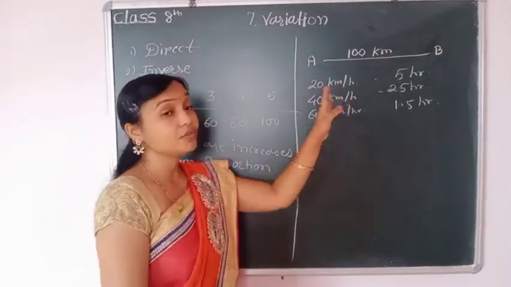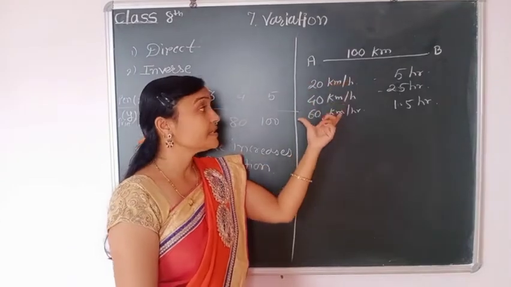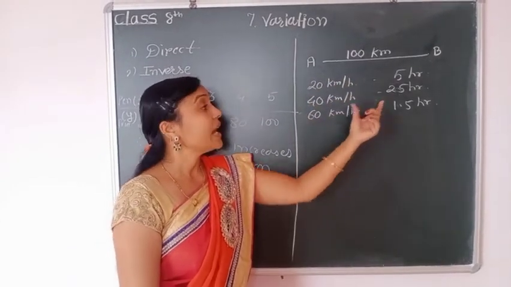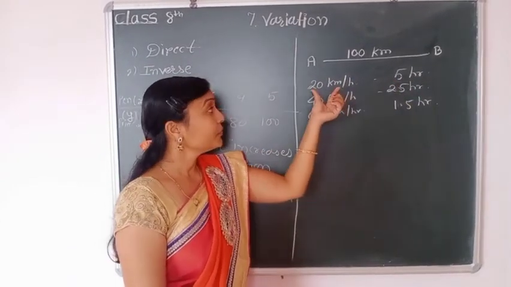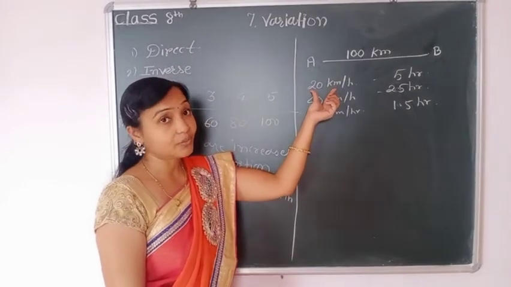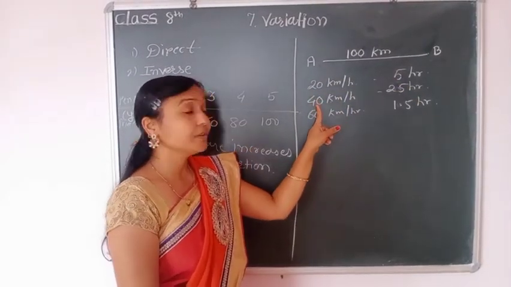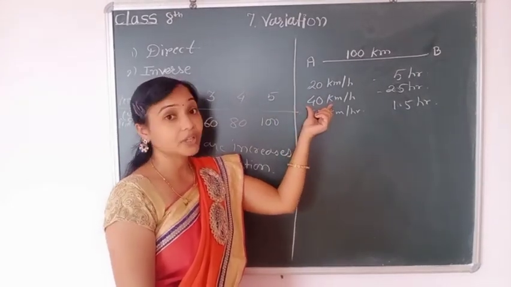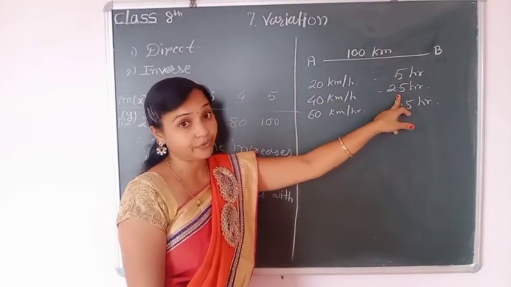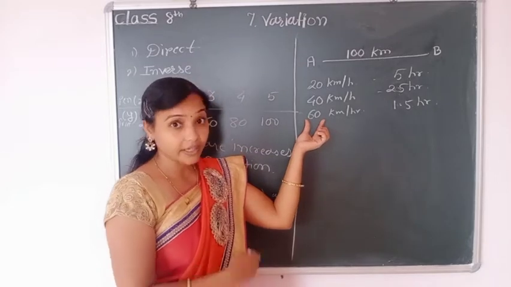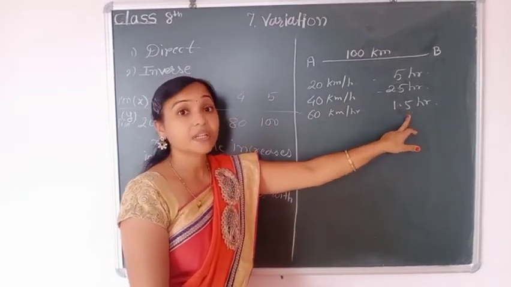Means we have these two quantities: the speed of the car and the time. If our speed is 20 kilometers, then we reach in 5 hours. If the speed is 40 kilometers, then we reach in 2.5 hours. If our speed increases again, then the time decreases.